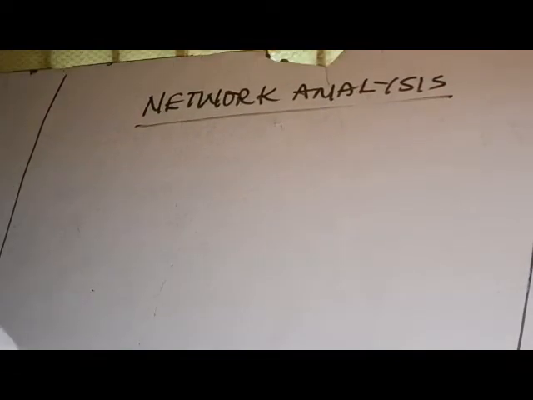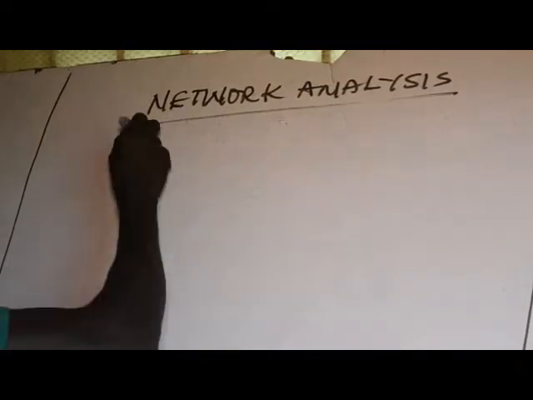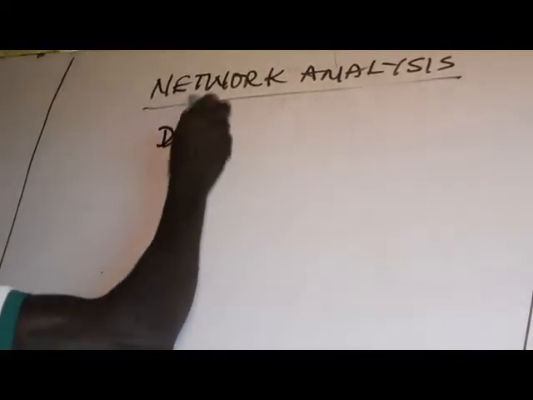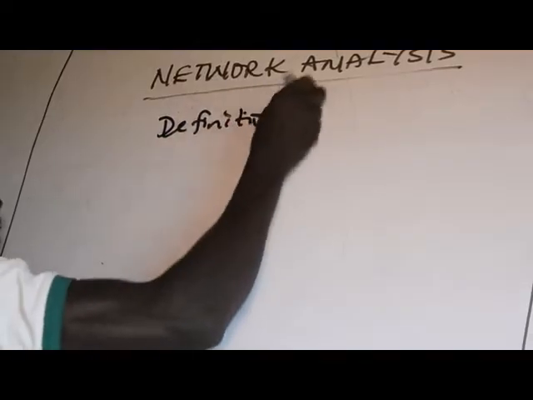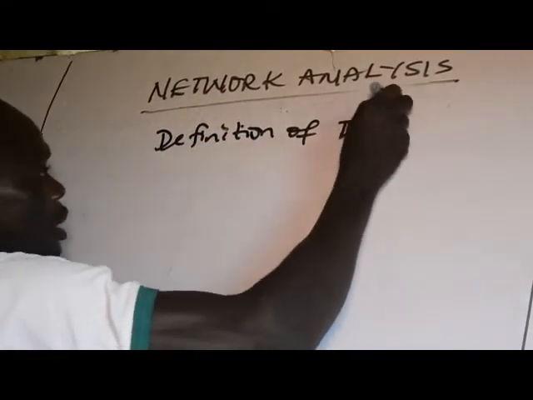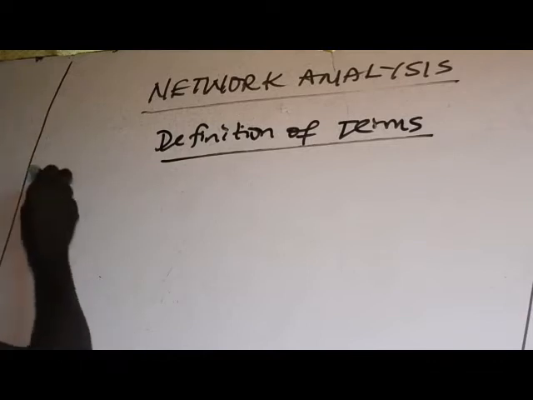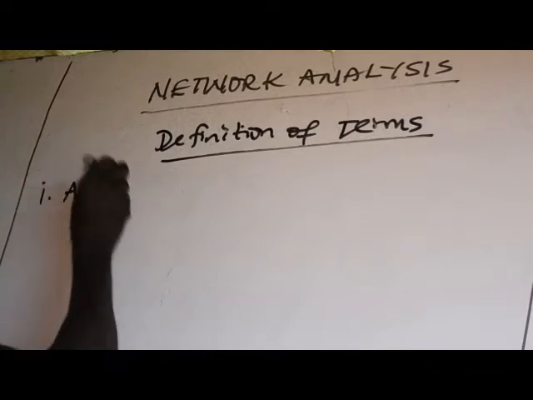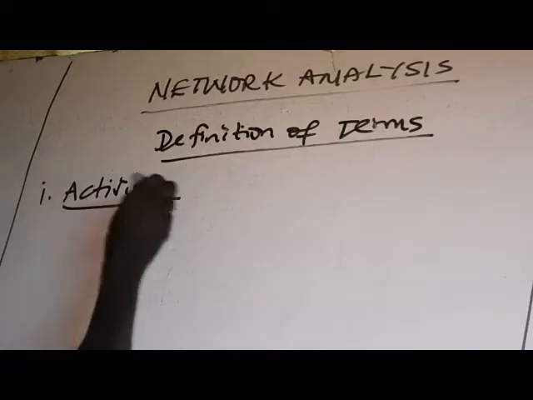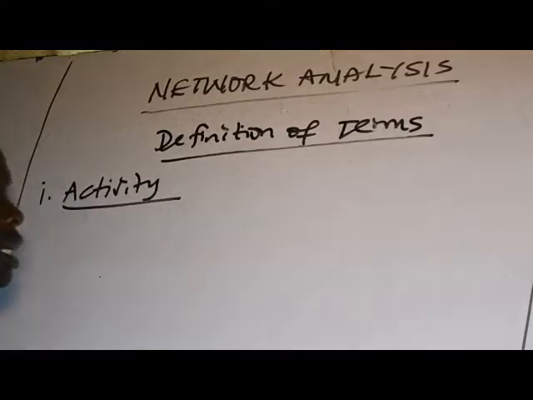Before I proceed further, I would like to look at the various terminologies used in network analysis. Definition of terms. Number one term I'm going to examine is activity. What do you mean by activity in the network diagram or in the network analysis? Activities are the tasks we want to perform.